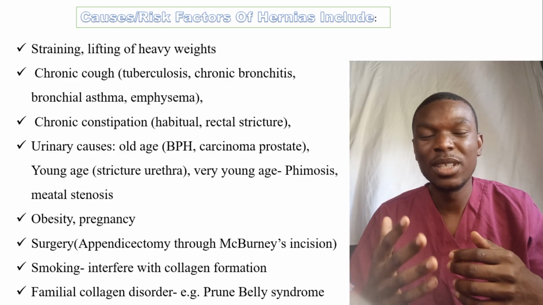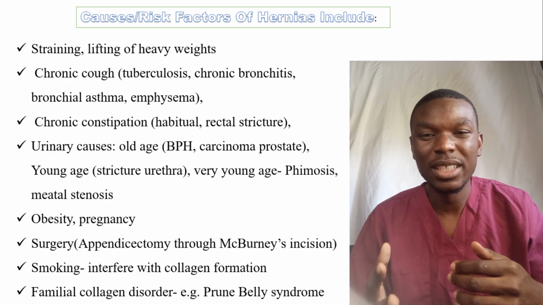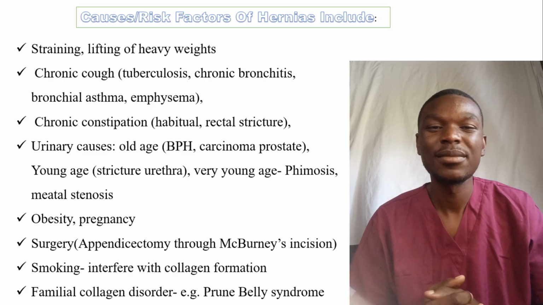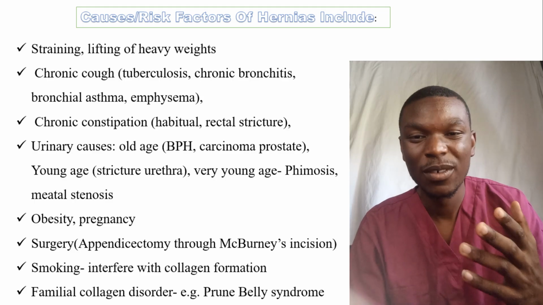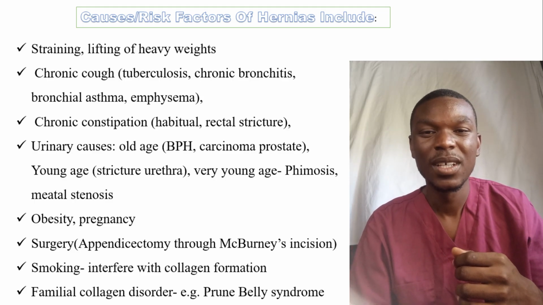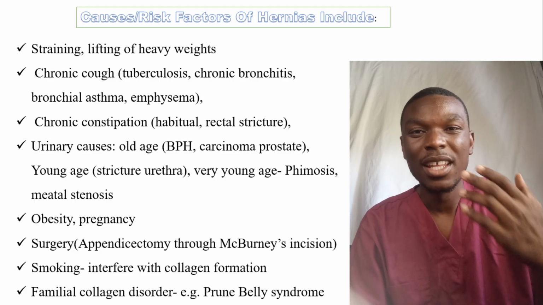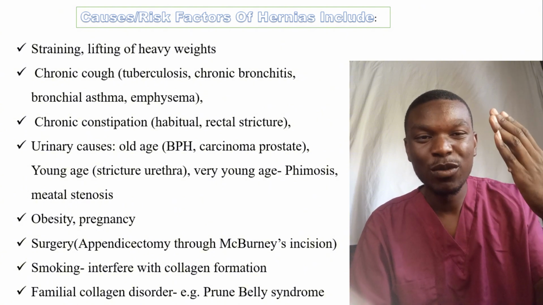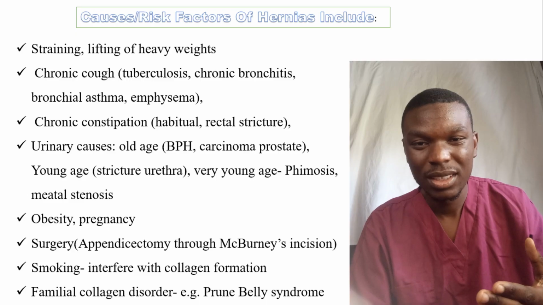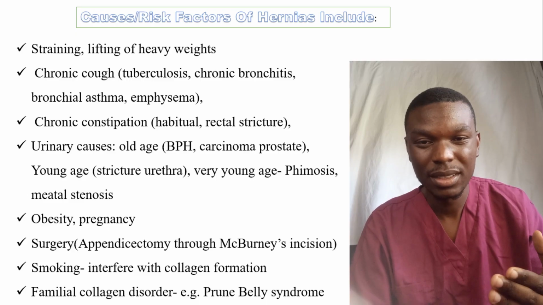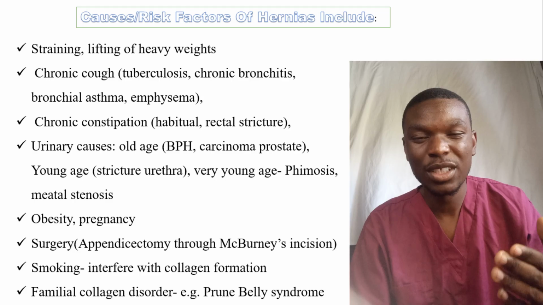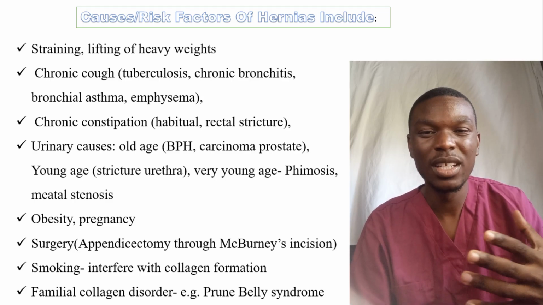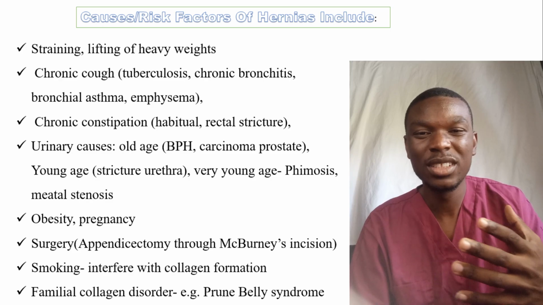Smoking interferes with the collagen formation and also family history. So these are the causes of hernias. So as you are interviewing patients or treating patients, you'll be looking out for these causes in these patients. So a patient comes and tells you they have a bulging in the abdomen or around their pelvis.